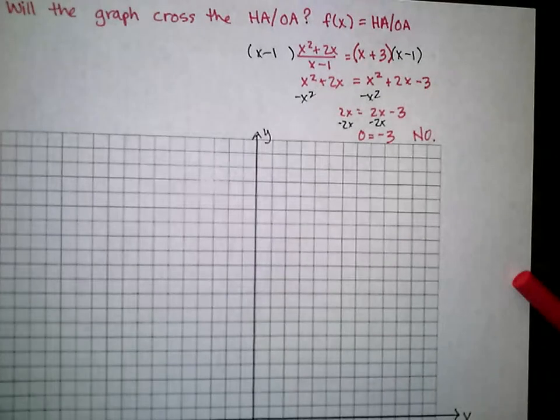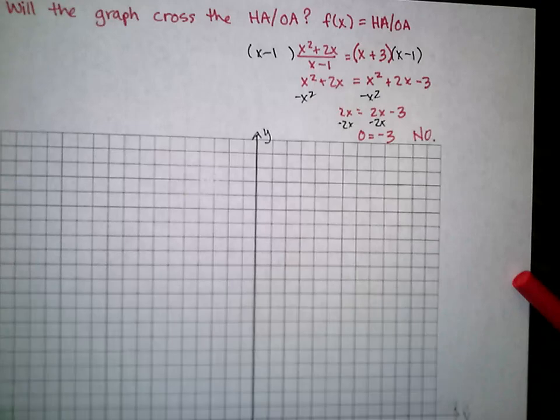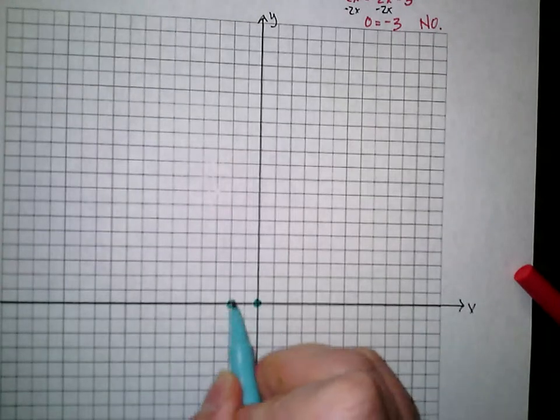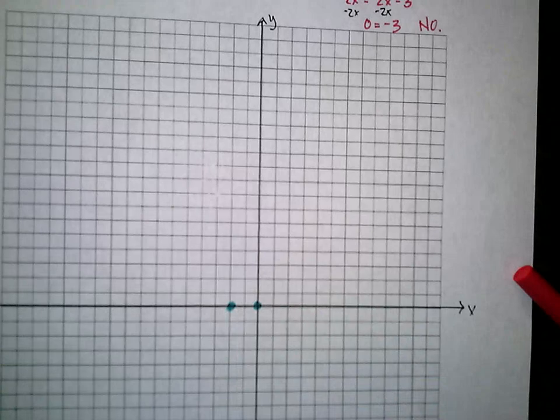So we are ready to get started with our graphing. Since there were no holes, we will start by putting the x-intercept and y-intercept on there. And those were at 0, 0, and negative 2, 0. Then let's get the vertical asymptote next, which was at x equals 1.